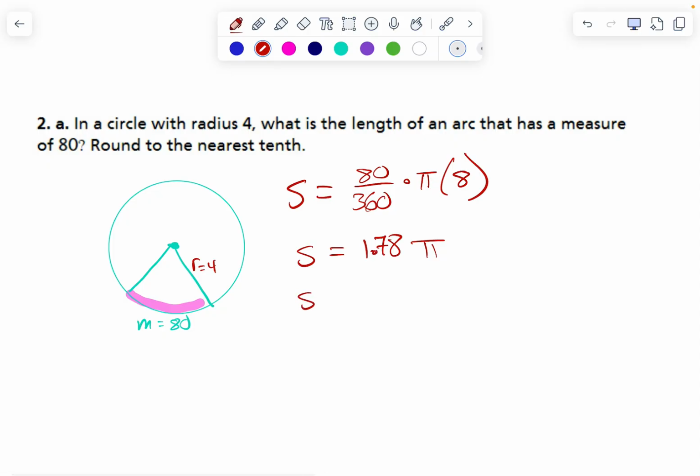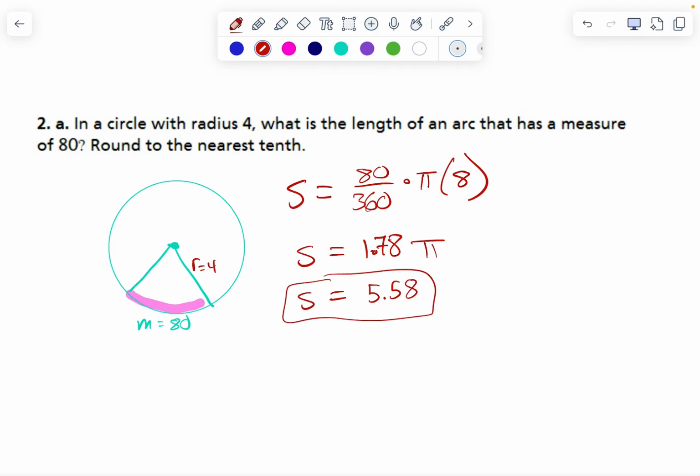Okay, and then go ahead and do the pi. So do that times 3.14. Now we don't have units for this, so we'll just leave it as 5.58.